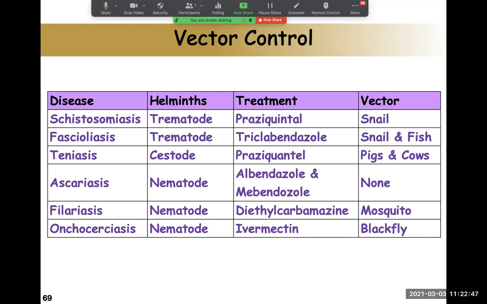But most important is also vector control. Almost all these worms do have a vector, and they are either snails or fish. So when you eat the snail, and now I like escargot, though I'm always concerned about parasites, but many of these snails are harvested and bred, so I'm quite okay with that.